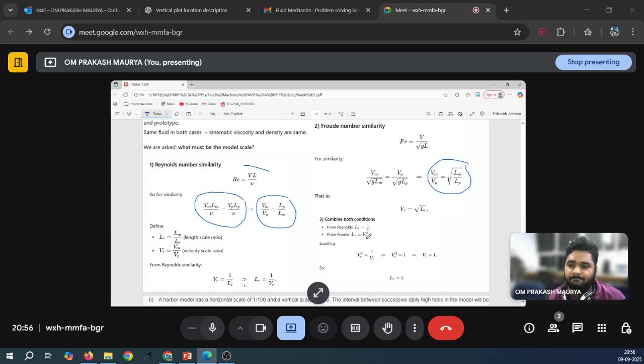Now equate these two things. Once you equate, what will you find out? You will find Vr cube is equal to 1. So Vr is equal to cube root of 1, which is 1. So finally you will get Lr is equal to 1.